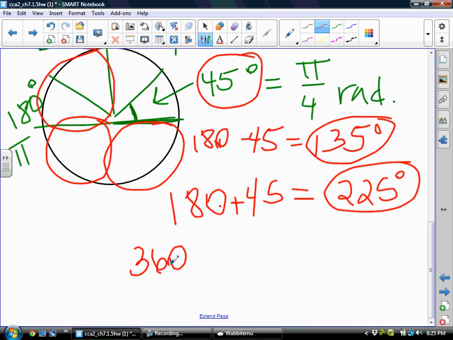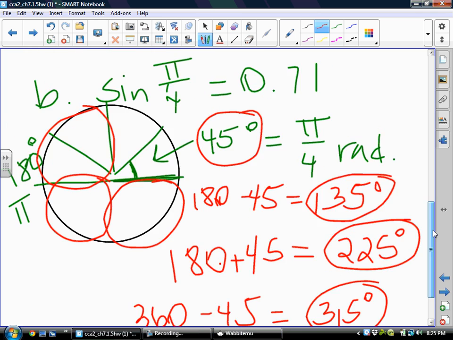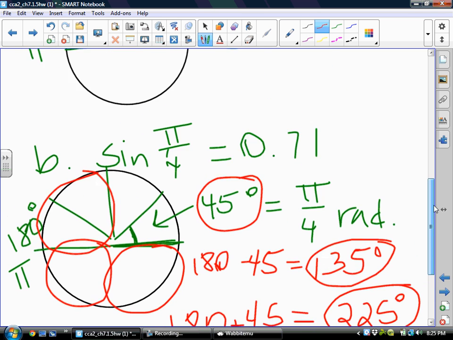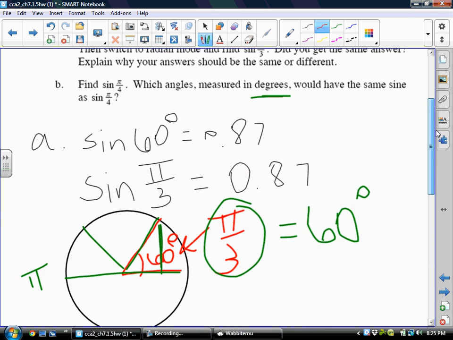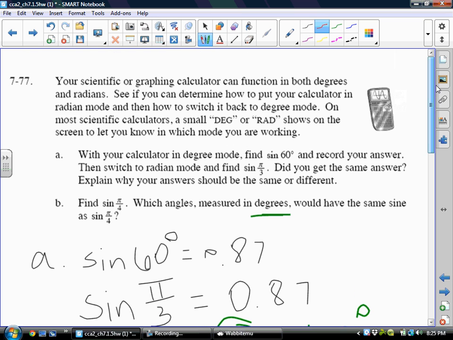That would be if I went all the way around the circle, but I didn't quite go that much. I went 45 degrees less than that, so 360 minus 45 will be 315. So those are my equivalent angles to pi over 4, but they're just in degrees. Okay? So make sure if you're given radians, there should be pi's in your expression.